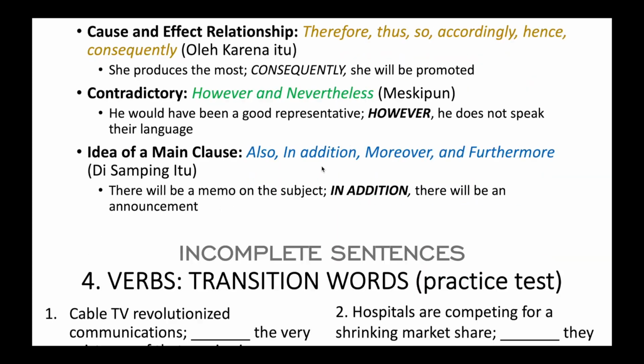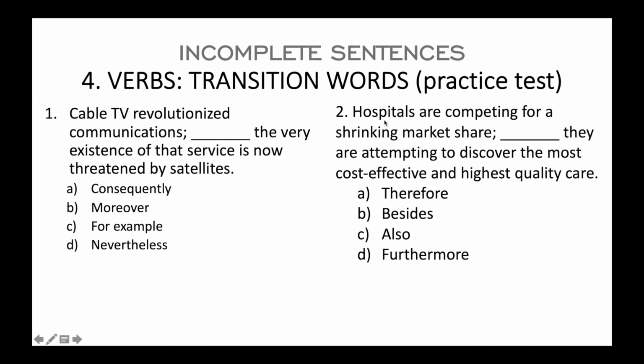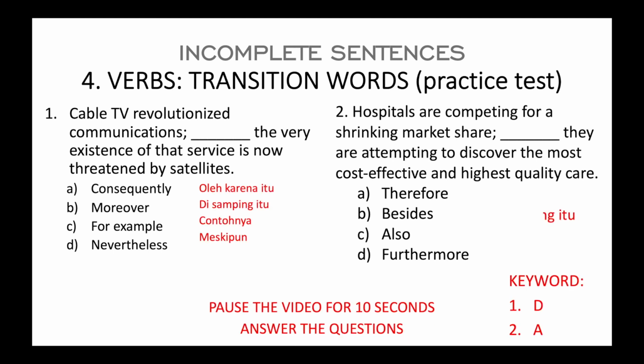Oleh karena itu, rumah sakit sedang berupaya untuk berkompetisi pada market share atau pasar yang semakin sedikit. Oleh karena itu atau maka mereka mencoba untuk mencari cara yang paling efektif dan kualitas yang paling tinggi.